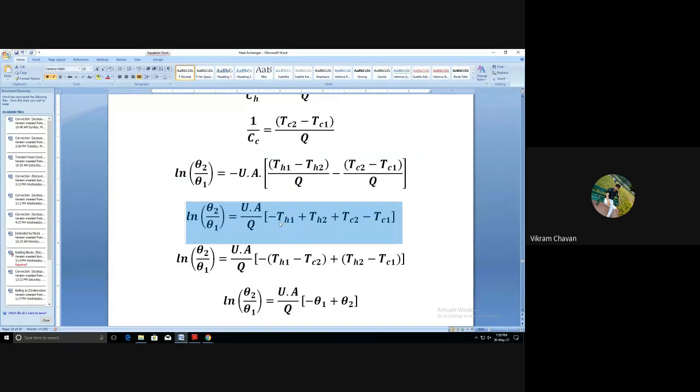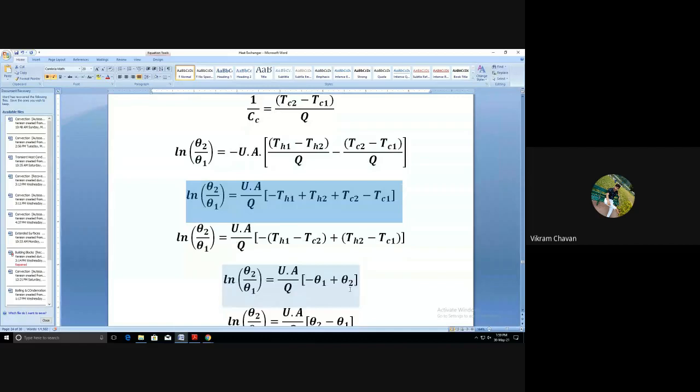If you take minus common, you get Th1 minus Tc2 in one bracket, plus the remaining terms in the other bracket, Th2 minus Tc1. In case of counter flow, Th1 minus Tc2 is theta 1 and Th2 minus Tc1 is theta 2. So you will get the equation ln of theta 2 divided by theta 1 equal to U multiplied by A divided by Q, inside the bracket minus theta 1 plus theta 2.